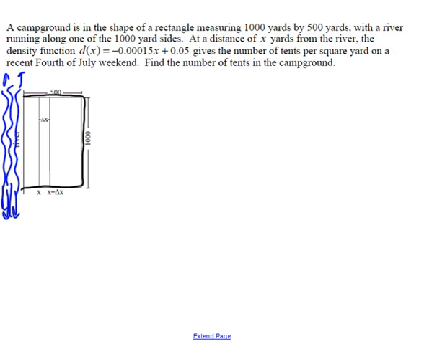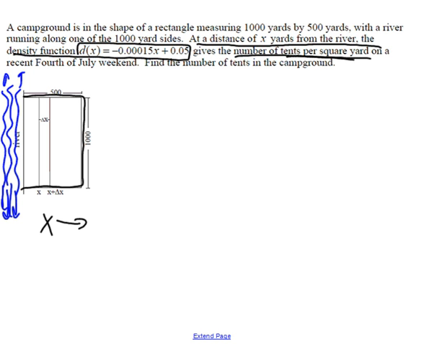And what we know is that at a distance of x yards from the river, so here's our x, the density function tells us how many tents there are per square yard. Let's interpret what that means. This graph is a linear graph.